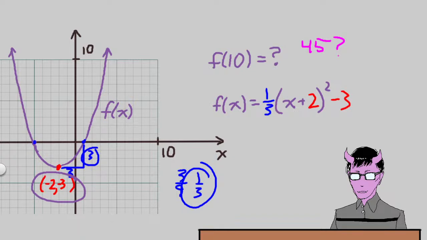Now let's answer the question using our function. So if we plug in positive 10, what happens? Then this becomes 10, and then 10 plus 2 is 12. 12 squared is 144. That should feel familiar because that's how we got this number.